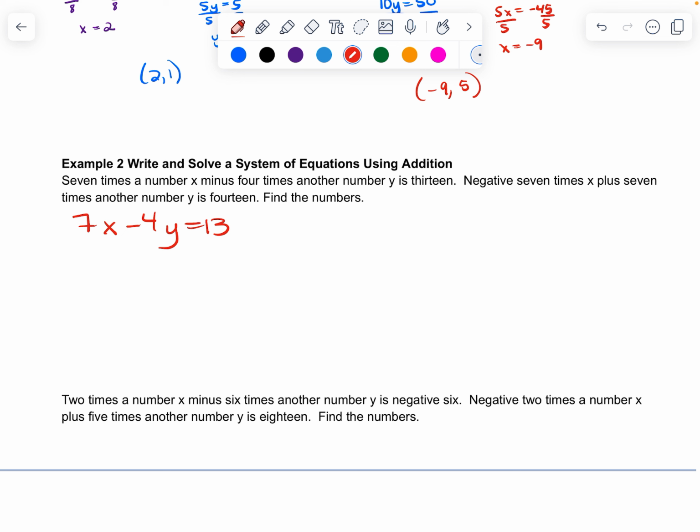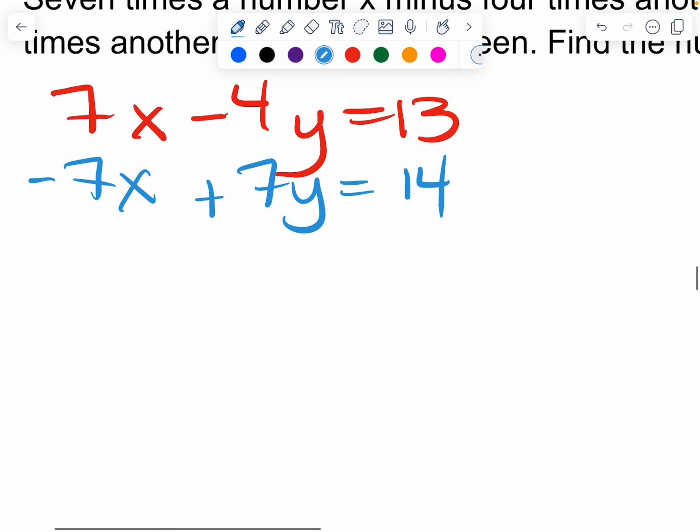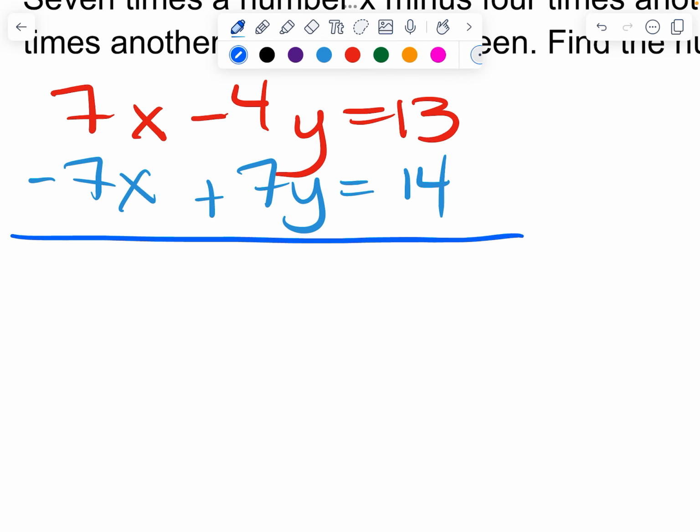Then the next one says negative 7 times a number x plus 7 times another number y is 14. Find the numbers. I add straight down. I get 3y equals 27. Divide by 3 on both sides. Get y equals 9.